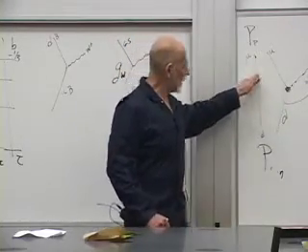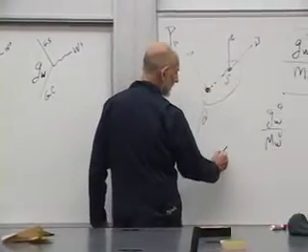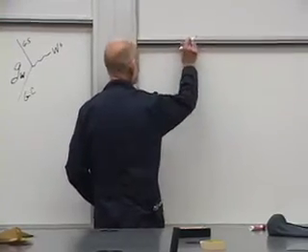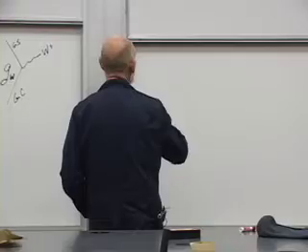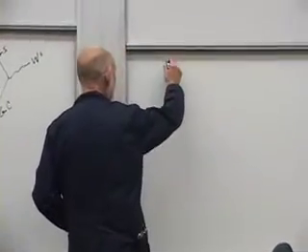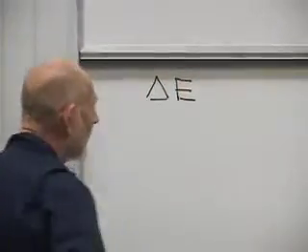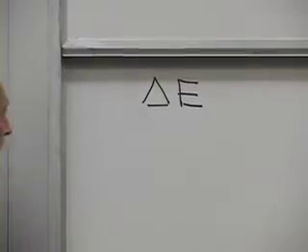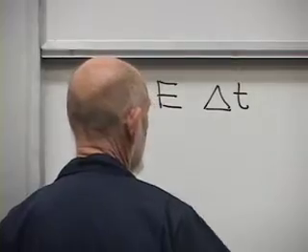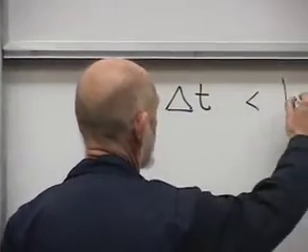If the amount of extra energy that's in here, let's call it delta E, the energy-time uncertainty principle says, among other things, that an apparent violation of energy conservation, delta E, can only last for a time, delta T, which must be smaller than Planck's constant.